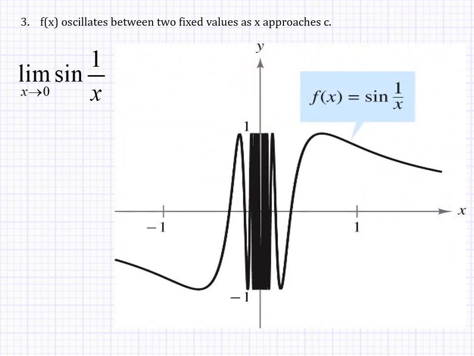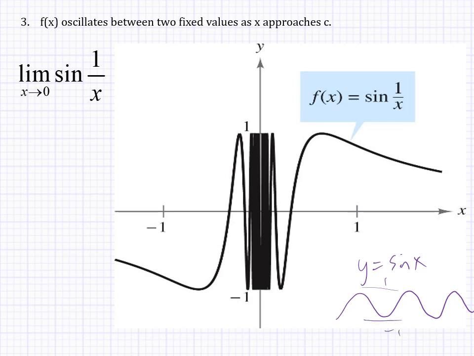This third scenario as to why a limit might not exist has to do with a function that oscillates. This largely happens with trigonometric functions. So a typical sine function, if I just dealt with y equals, say, sine x, has a wave pattern to it. So it oscillates up and down between +1 and -1.